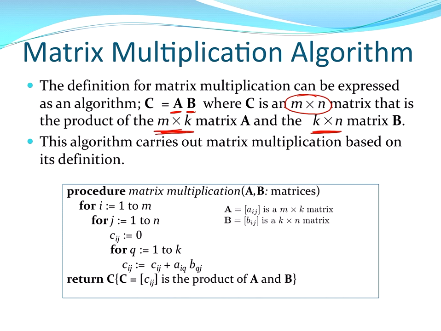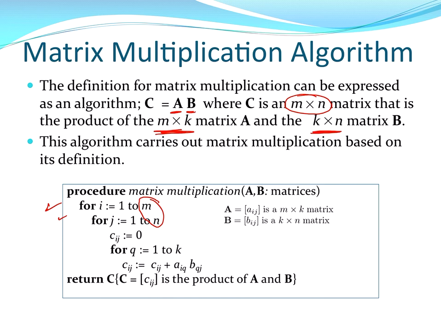We have 3 loops. The outer loop will step through the rows, and then the second loop on the inside will step through the columns to cover all m times n elements of the product matrix.